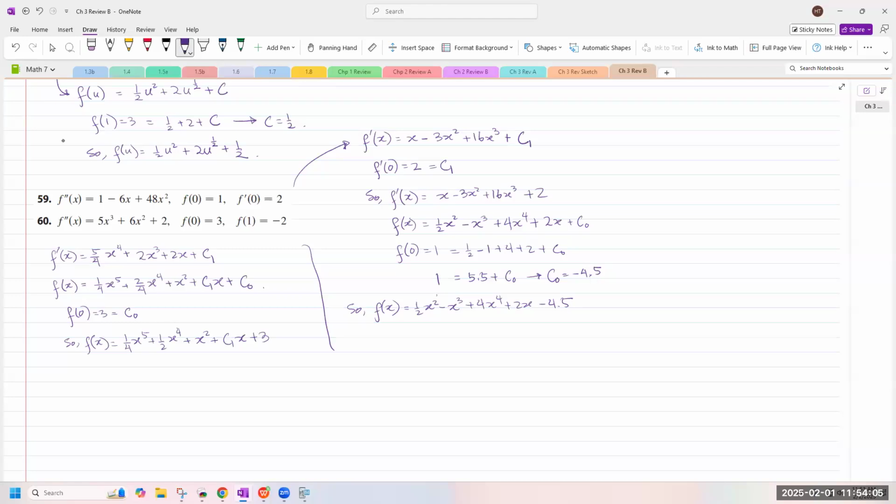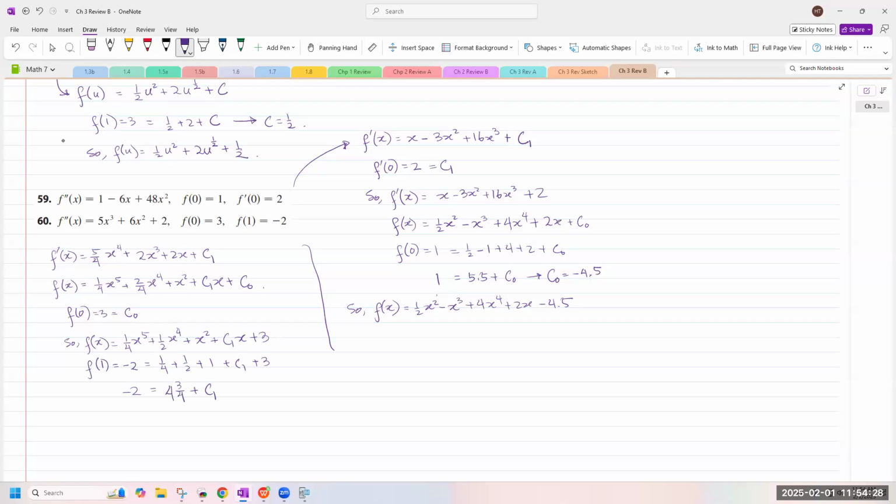At the same time, f(1) is negative 2, but negative 2 equals 1/4 plus 1/2 plus 1 plus c1 plus 3. That's 4 and 3/4 plus C1.